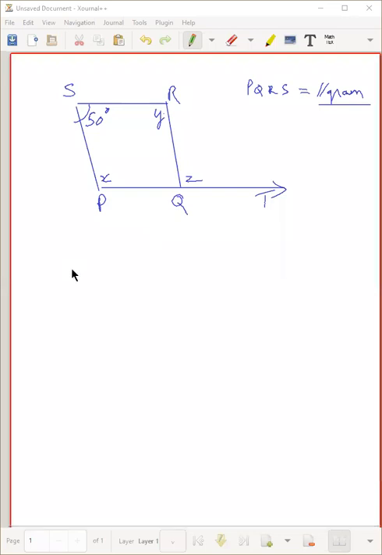These are very easy. If anyone's not able to solve it, raise your hand.